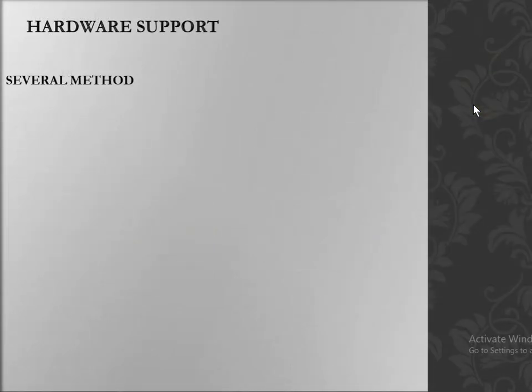Next, we see how to implement the page table. We have several methods to implement the page table. First, in the initial days, we used registers to construct the page tables. How many registers can we use? 1, 2, 10, 250?